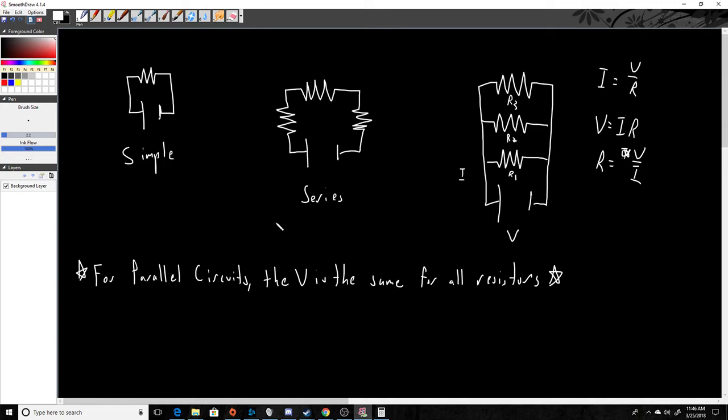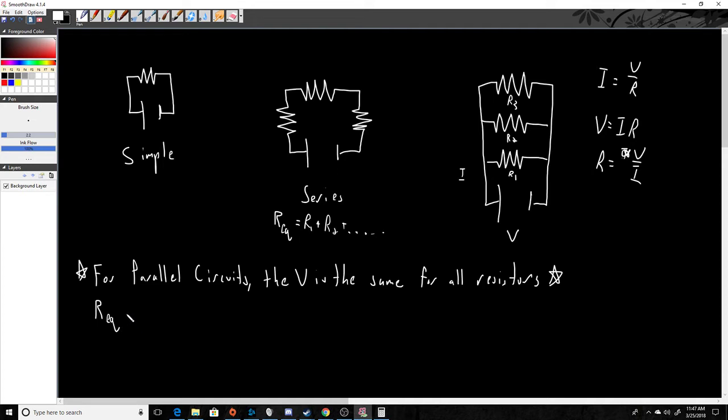For series circuits, we said the equivalent resistance was equal to R1 plus R2 plus, we just added the resistors together. Parallel circuits are going to be a little bit different.